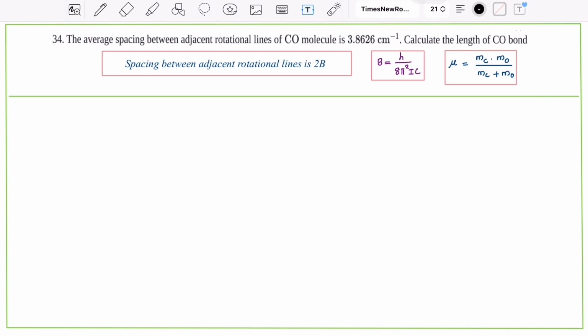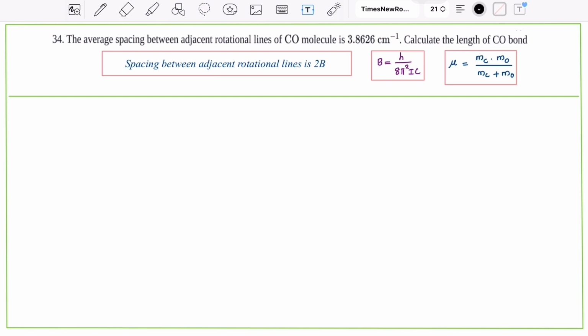The next problem: the average spacing between adjacent rotational lines of CO molecule is 3.8626 centimeter inverse. Calculate the length of the CO bond. In the present problem, the average spacing between adjacent rotational lines of CO molecule is given. We have to calculate the length of the CO bond.